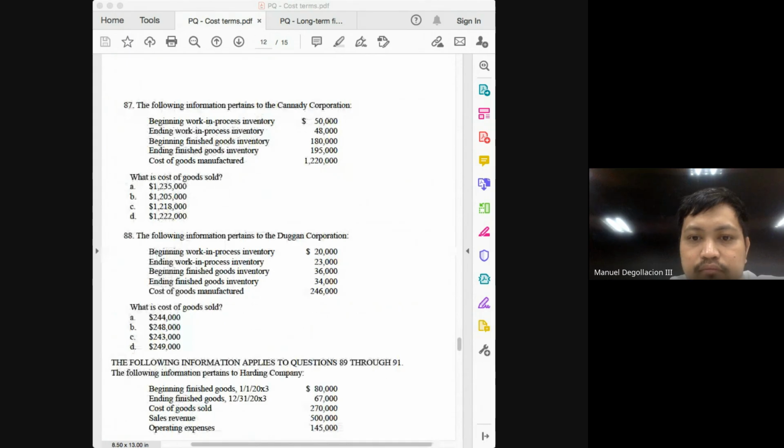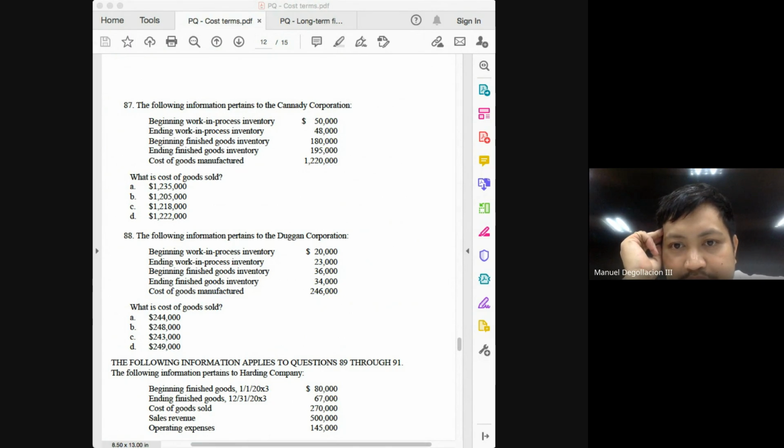87, cost of goods sold. What's given? Beginning work in process, yes, may be useful. What do we add to the beginning work in process, class? Oh no, if you already have our cost of goods manufactured, we don't have to touch the work in process anymore.